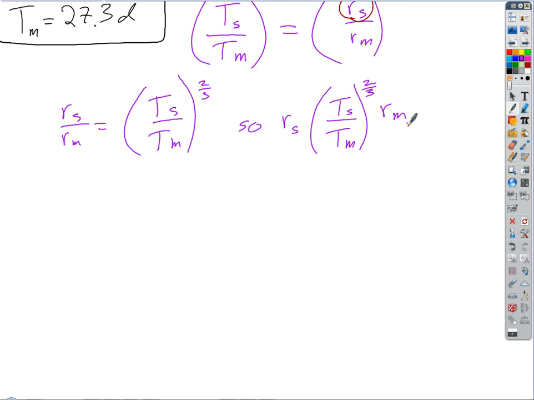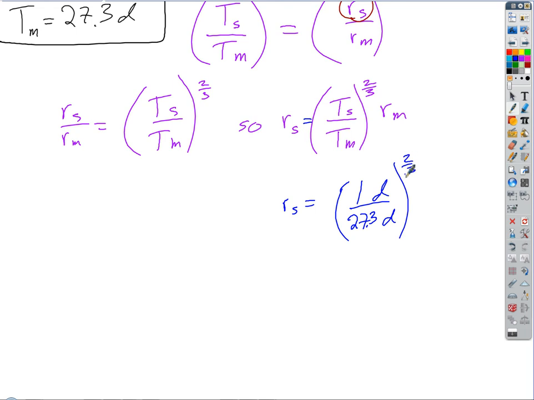So let's do this calculation. Now this time, when I plug stuff in, let's do that so we can see what we're plugging in. So that equals the ratio. The period of the satellite is 1 day. The period of the moon is 27.3 days. Do I have to convert those?